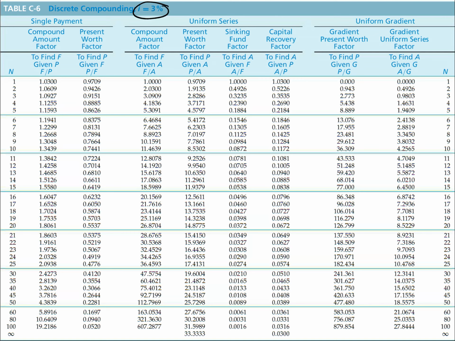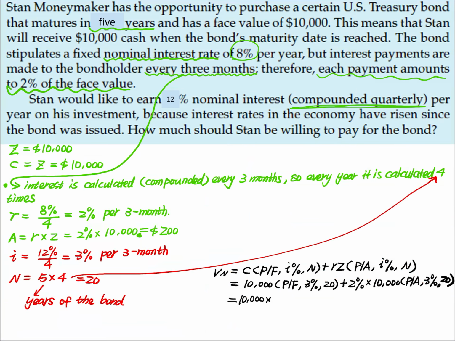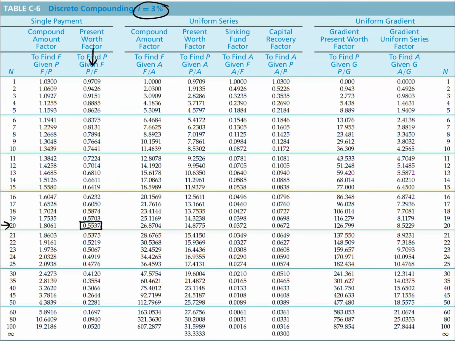So 10,000 times, you want to check the table of I equals 3%. So that is the table, and you want to find P/F with N equal to 20. So this is your factor, 0.5537.